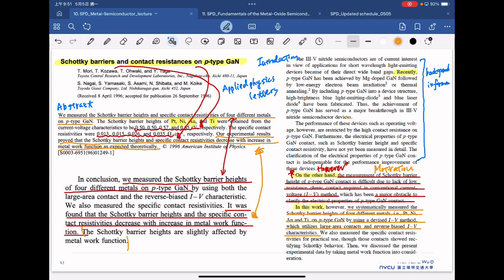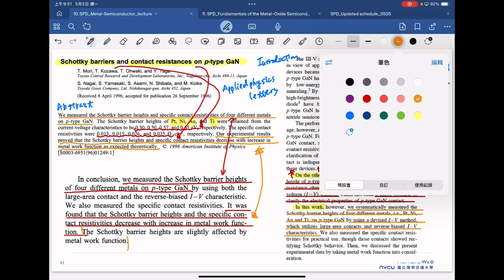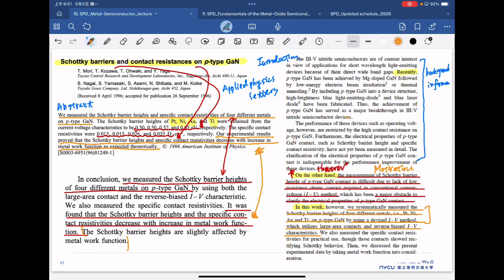Finally, we mention our methodology here. This is our approach, the approach in this work.